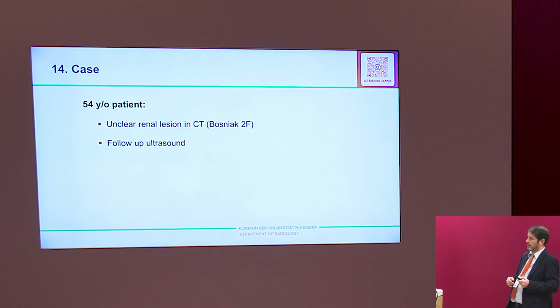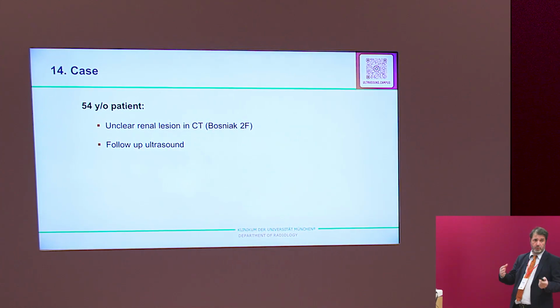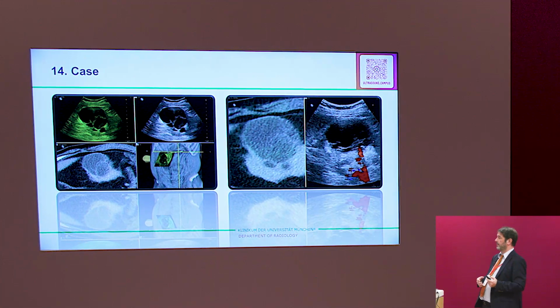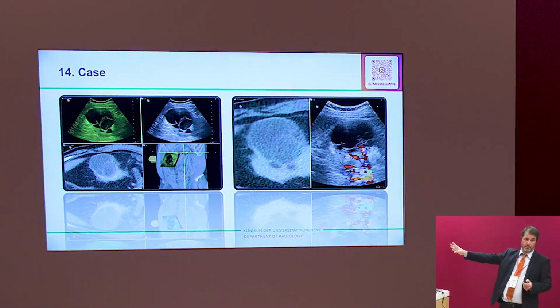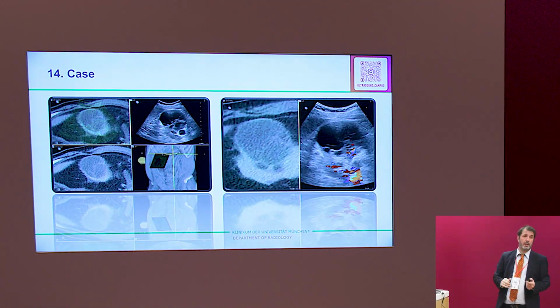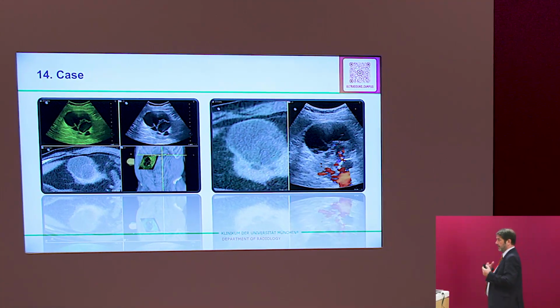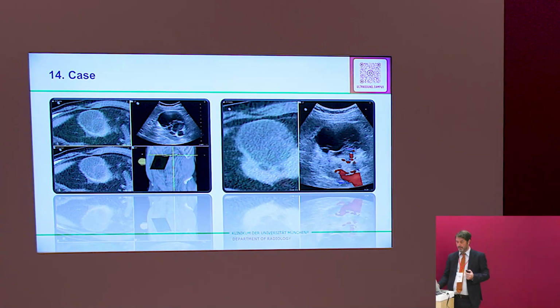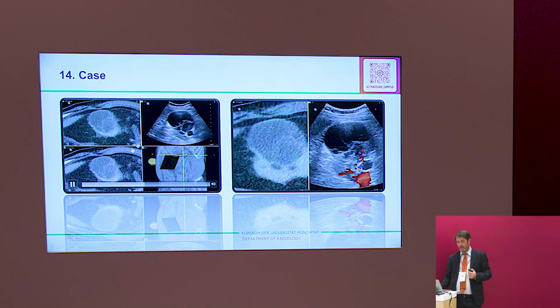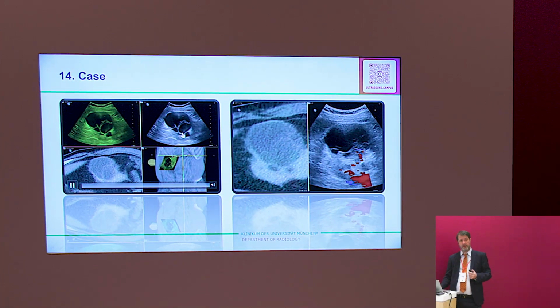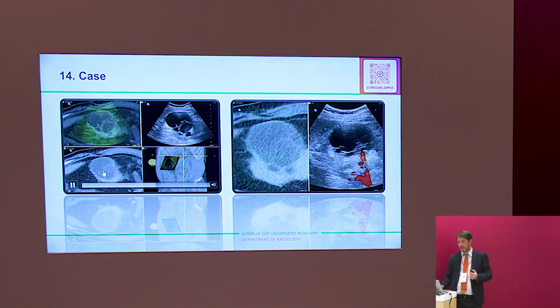So in CT, they describe Bosniak 2F. This just needs follow-up. So we got the cystic lesion in the ultrasound and the cystic lesion in CT. And look how much more you see. Look, we have got one septum here. But you see plenty of septa here, which are not visible here.